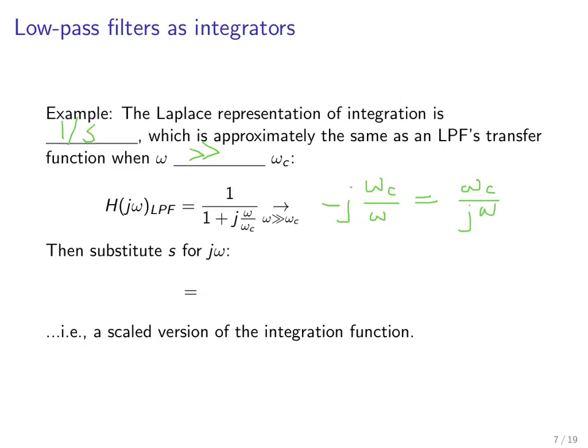You can see that that happens because the imaginary component of the denominator becomes so much bigger than its real component that you can neglect the real component, and then this comes out on top, flipped over.